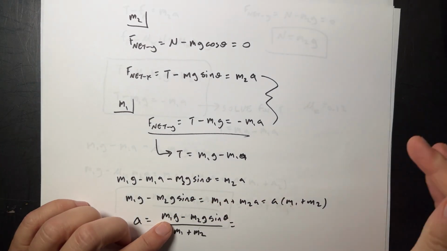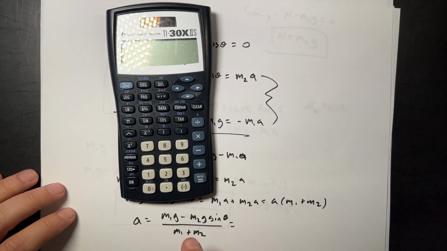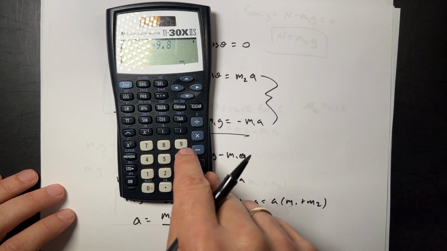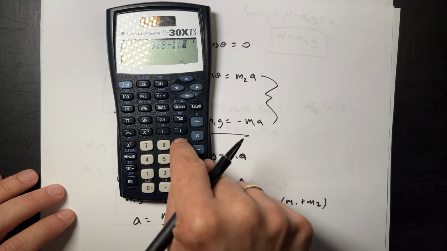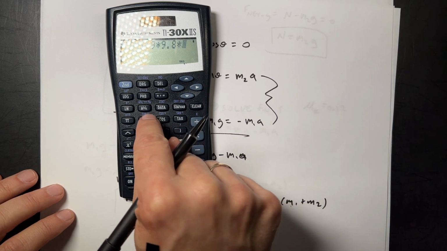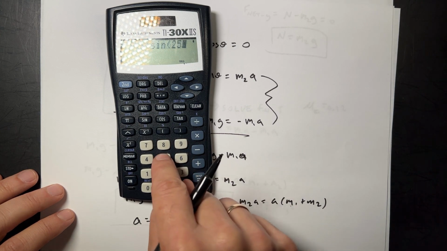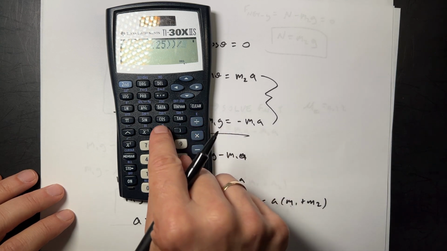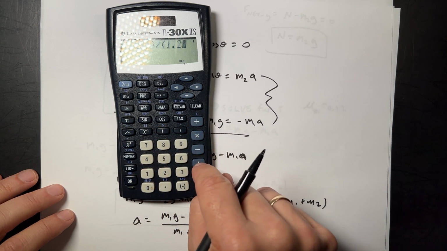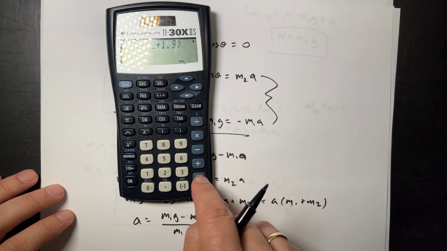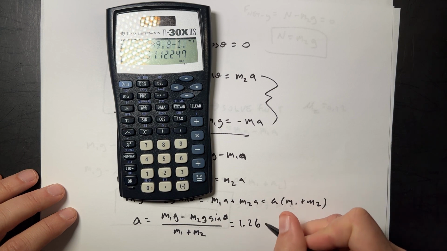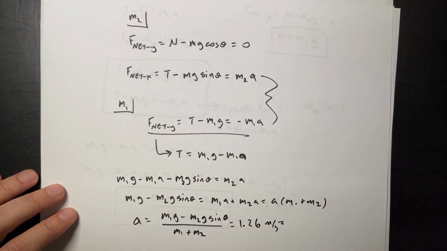Let's go ahead and put in our values and see what this acceleration is. M1 is parentheses 1.2 times 9.8 minus 1.9 times 9.8 times sine of 25, that was my angle, close parentheses for the sine, close parentheses for the top, divided by 1.2 plus, well, I'm surprised I haven't made a calculator error because I'm not really good with calculators. 1.26 meters per second squared.